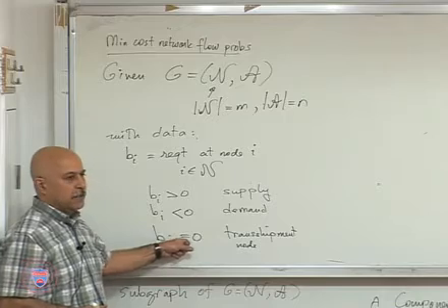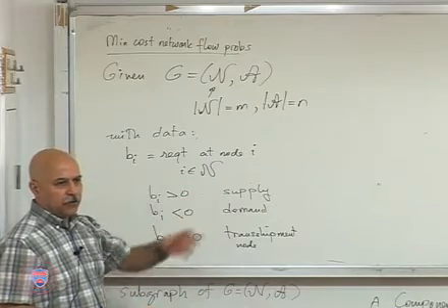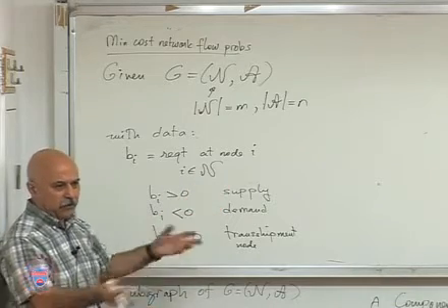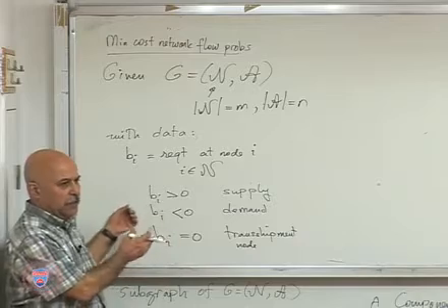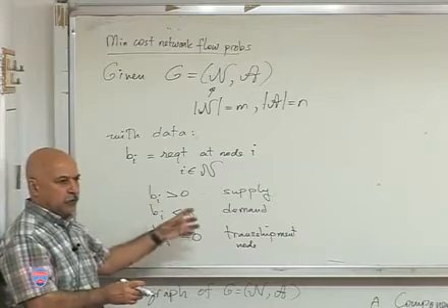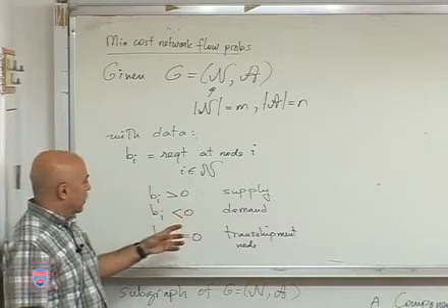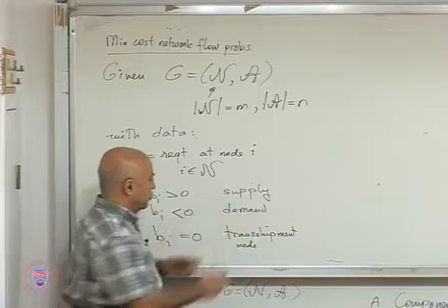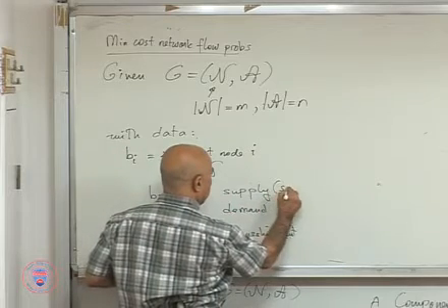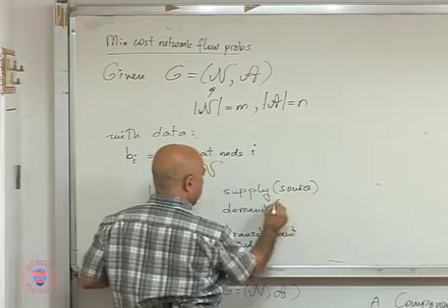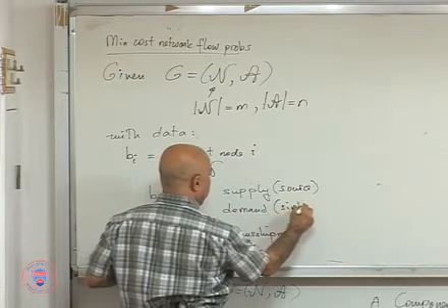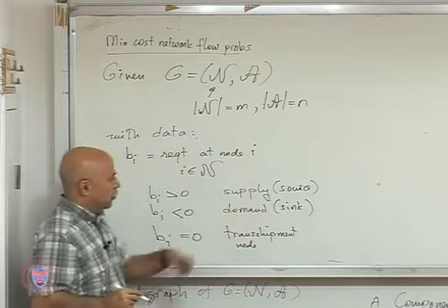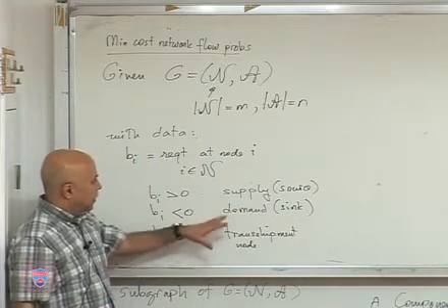And whenever b_i is 0, you can visit that node along the way when you get these units from sources to sinks, or from supply nodes to demand nodes. So these are also called sources. Demand nodes are also called sinks.